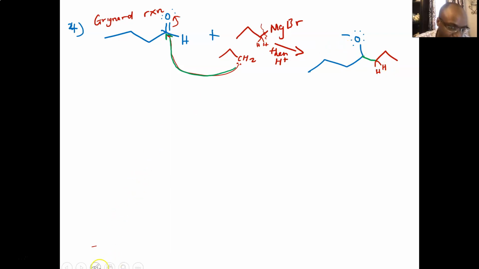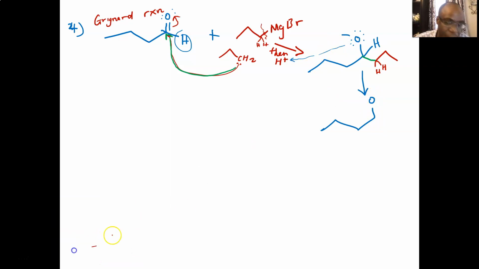Now the hydrogen in blue is still there. This hydrogen on the aldehyde is still there. Okay, you see how it says then H+? So this oxygen will take that hydrogen to make OH.